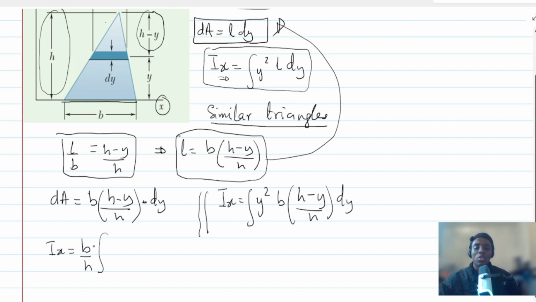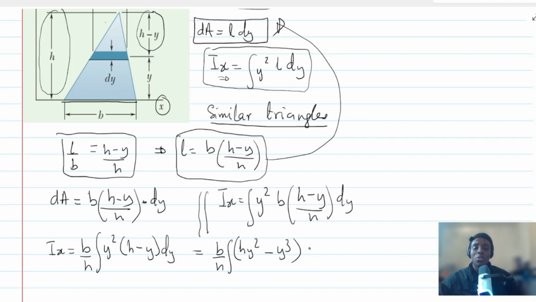Then we do the integral of y squared multiplied by h minus y dy. When we do this, we get b divided by h times the integral of h y squared minus y cubed dy.